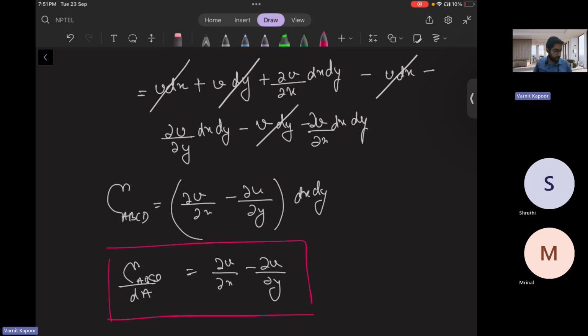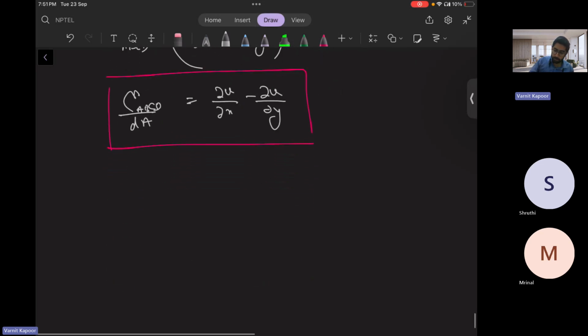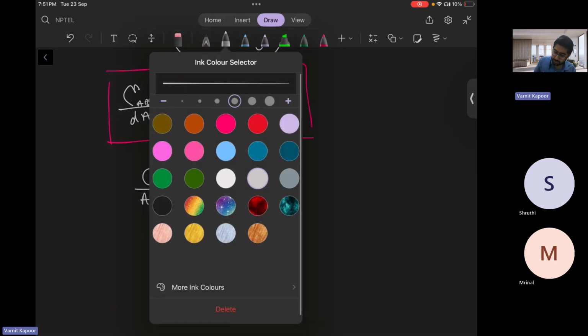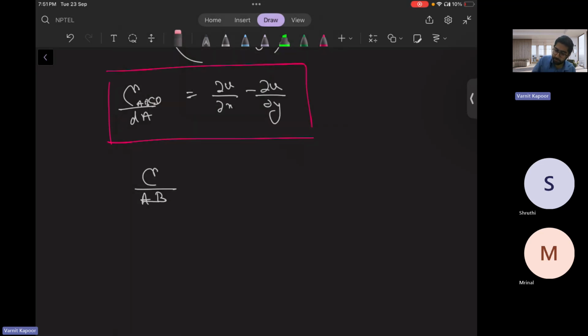So net circulation per unit area. When I'm saying per unit area, that means I'm talking about an individual particle. So that is what is called vorticity.